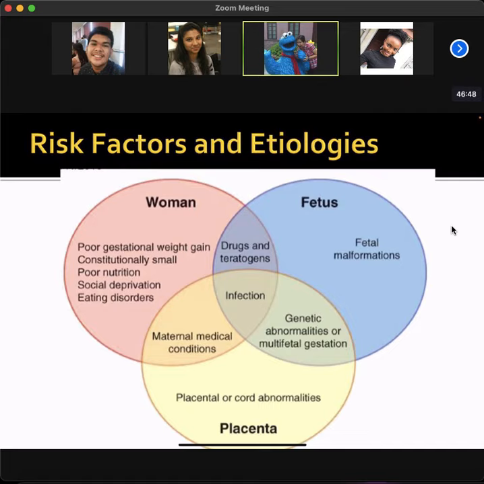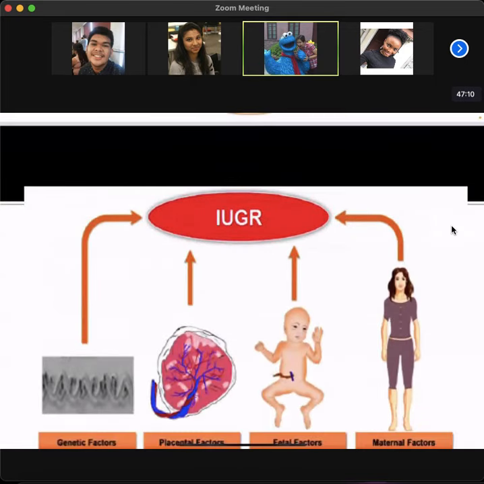So that's the difference. Certain genetic abnormalities also cause fetal growth restriction. And of course, multi-fetal gestation, because of the concept of space, will also result in fetal growth restriction. Again, placental or cord abnormalities, because of the decreased supply of nutrients, will also cause fetal growth restriction.